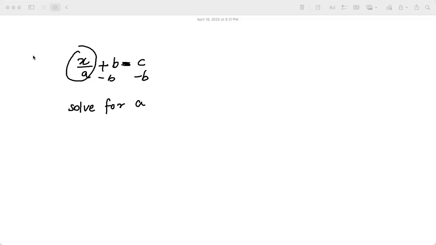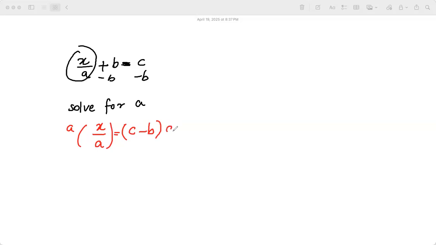Subtract B on both sides. You'll get X by A equal to C minus B. Now I have to solve for A, so let me multiply by A on both sides.